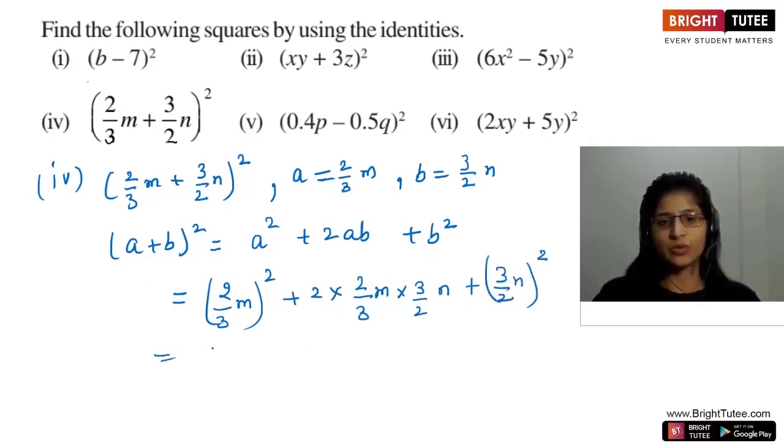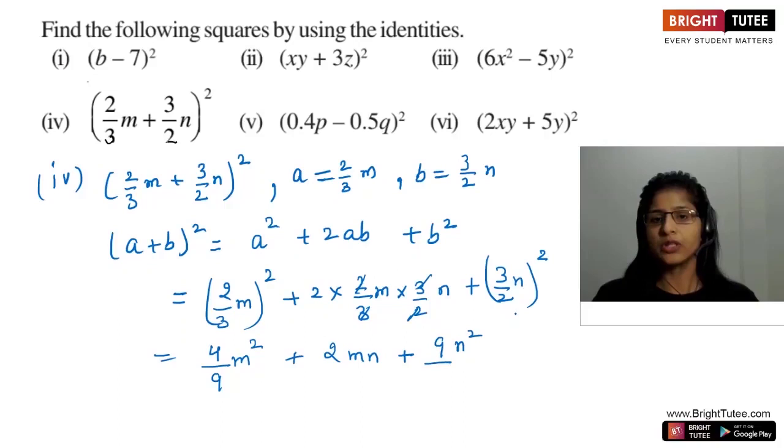So we will get 2 2s are 4, 3 3s are 9, m to the power 2. Now just to see, 2 and 2 got cancelled, 3 and 3 got cancelled. We are left with 2mn. So 2mn plus square of 3 is 9, n square upon square of 2 is 4. So this will be the answer of this part.